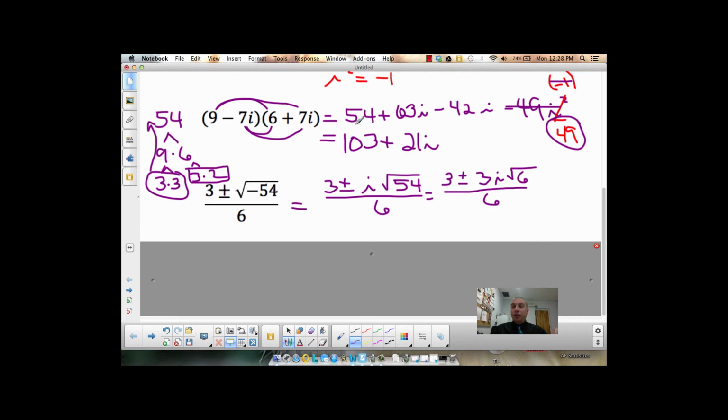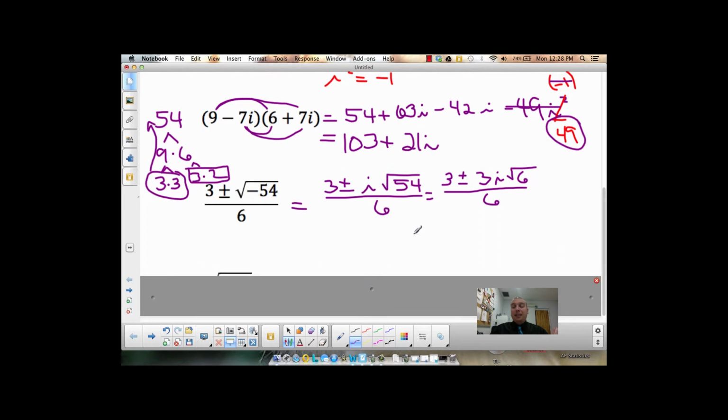Now remember how I said earlier, all complex numbers have to be written as a plus bi. That means I've got to break this thing apart, which means I've got to start working with the fraction a little differently. Actually, it might be better if I put it over here.